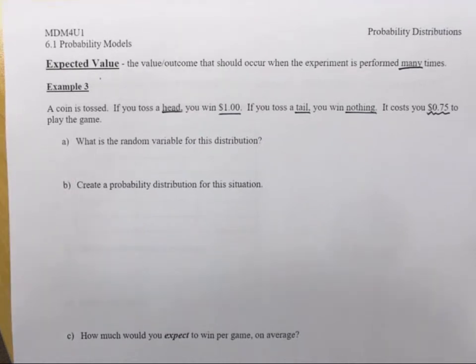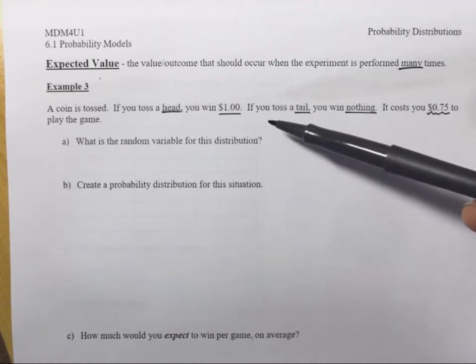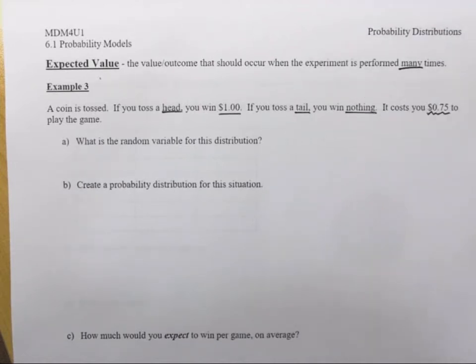In your head, you might be thinking, yes, that's fair, or no, that's not fair. But regardless, we're going to show mathematically why it's fair or not fair compared to the person who's playing the game and the person who's dealing the game.